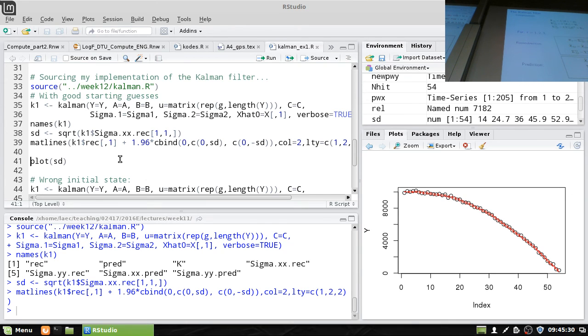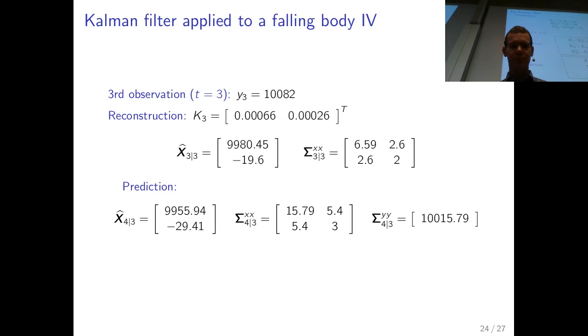Because what I have up here is that this here, sigma yy, as you also saw in the slides before, sigma yy here is of the order of 10,000, whereas sigma x is of the order, in this case, now it's at 15.